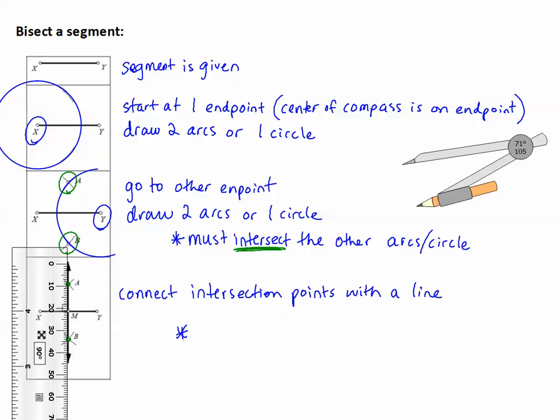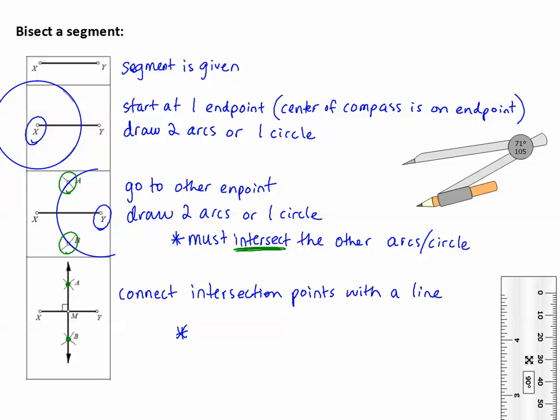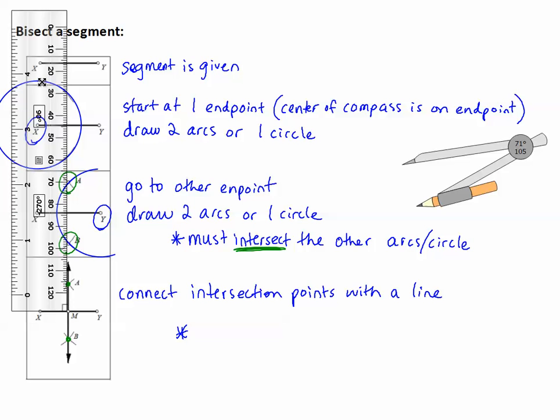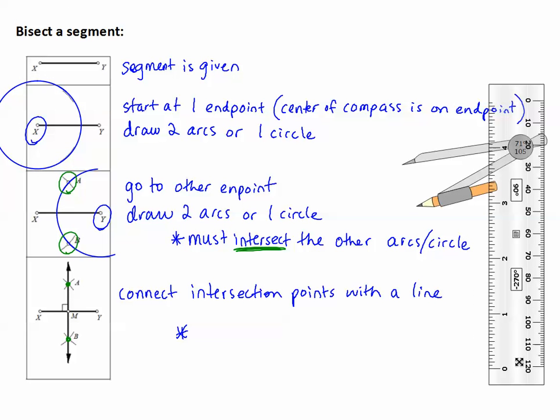Now I want you to notice something. After we did that, notice in this corner the symbol that's in your notes. Now I'm going to take my rectangular ruler and I'm going to line it up in the corner right there. See how it's perfectly in the corner? That's because when we draw a segment bisector, we will always be making it perpendicular. So an important note to remember is that the bisector will be perpendicular.